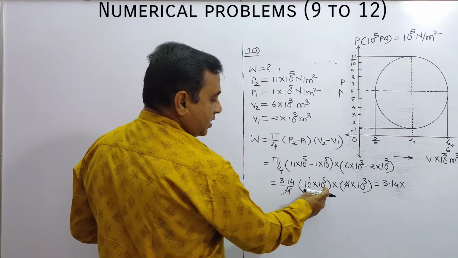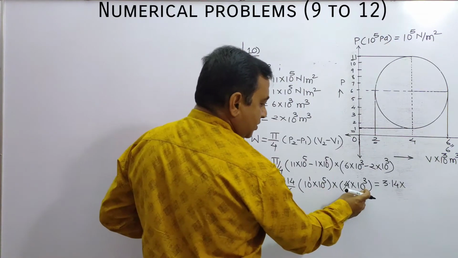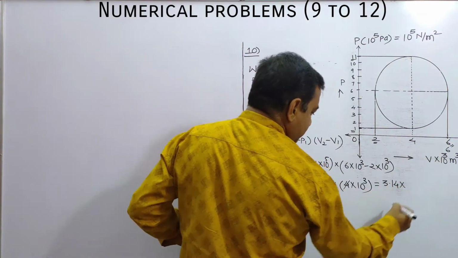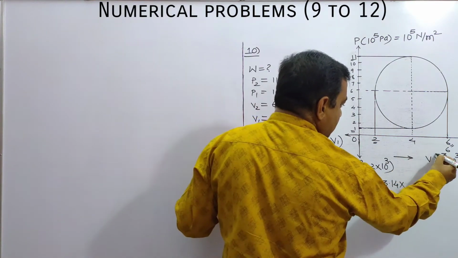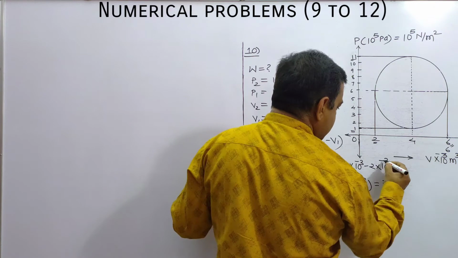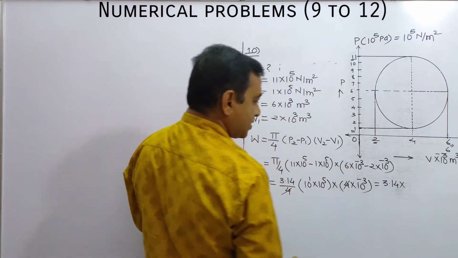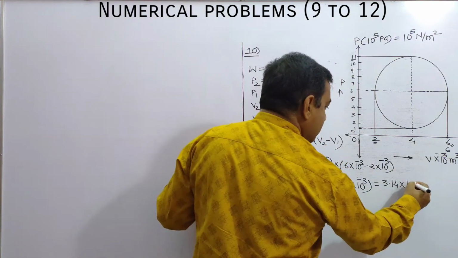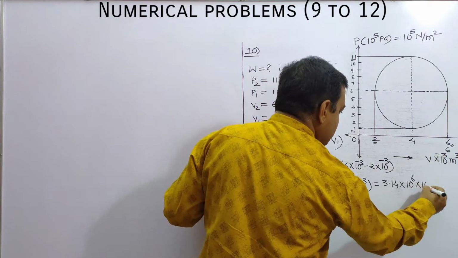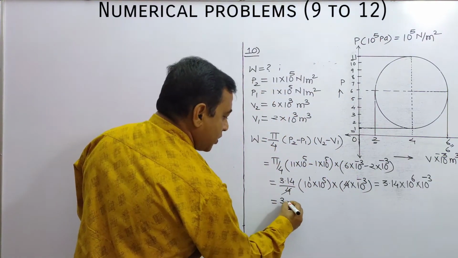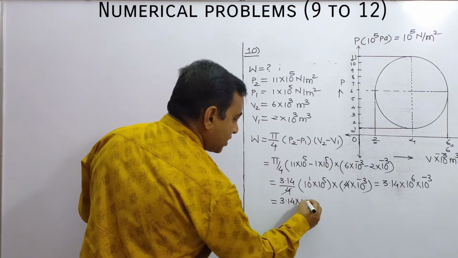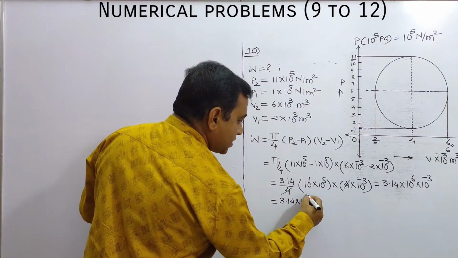Powers get added: 10 raised to power 6 into 10 raised to power minus 3. Make the correction here, the power of the volume term is minus. So it comes out to be 3.14 into 10 raised to power 3.